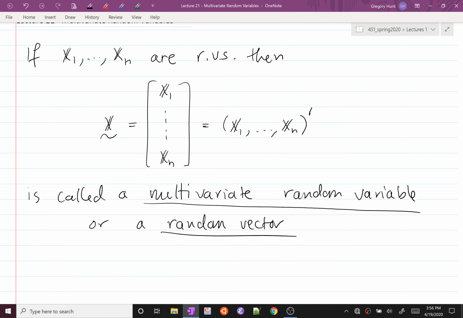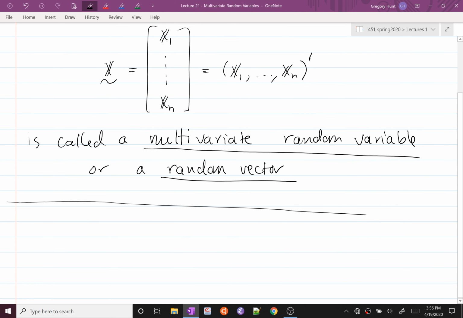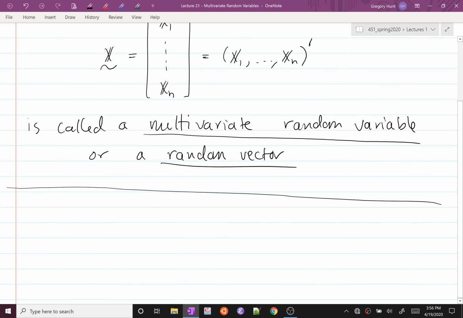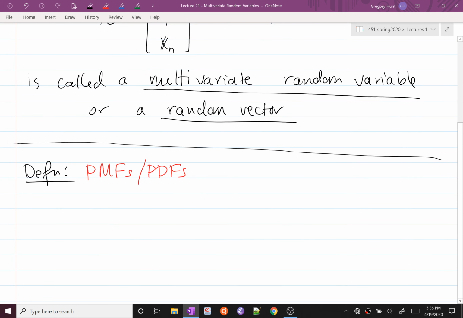And we can go through our standard definitions that we had for a univariate random variable and then for our bivariate random variables. Let's say we're going to define PMFs and PDFs for multivariate random variables.